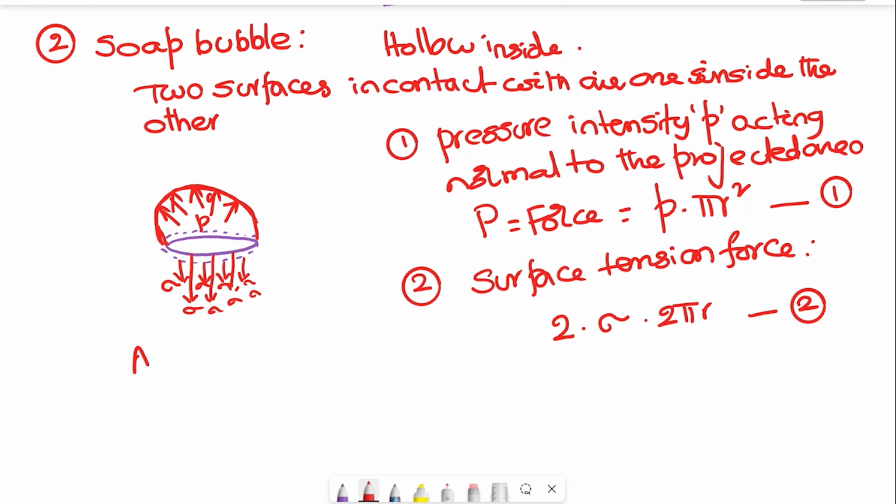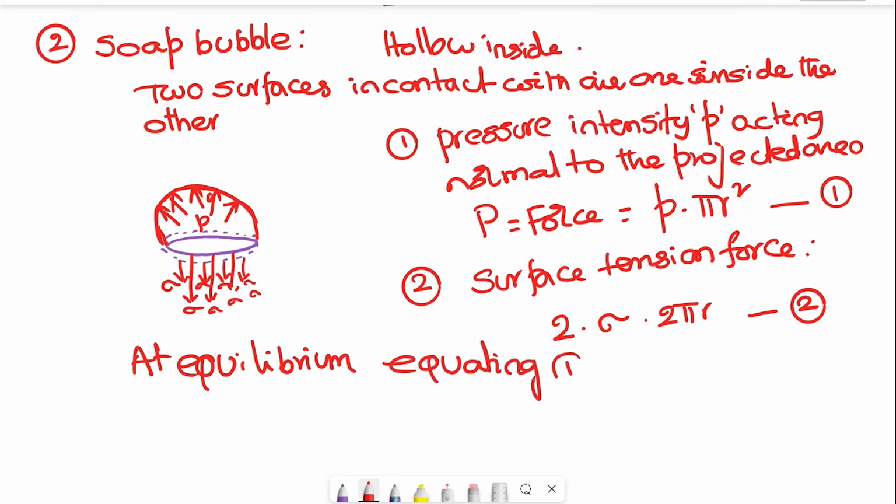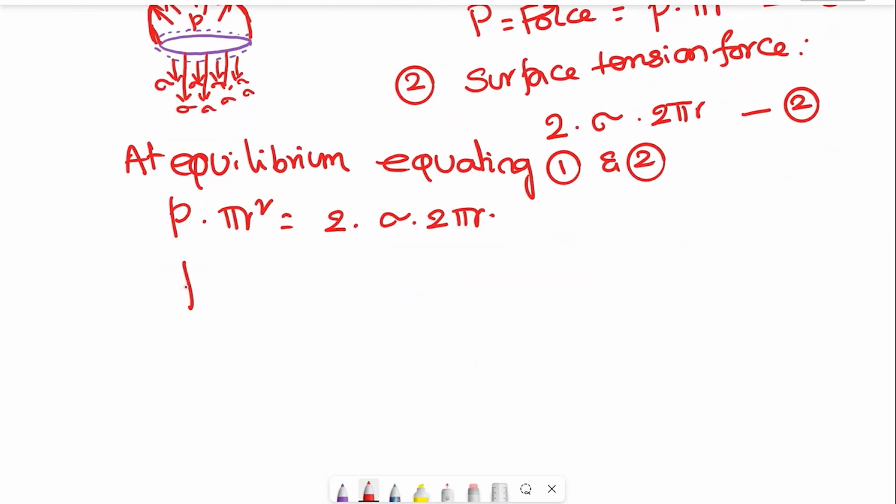So now at equilibrium, equating 1 and 2, P into pi r square is equal to 2 into sigma into 2 pi r. So again P is equal to 4 sigma pi r divided by pi r square.